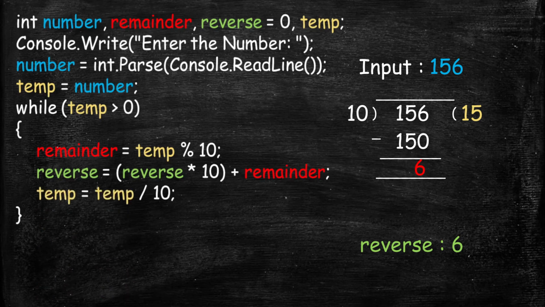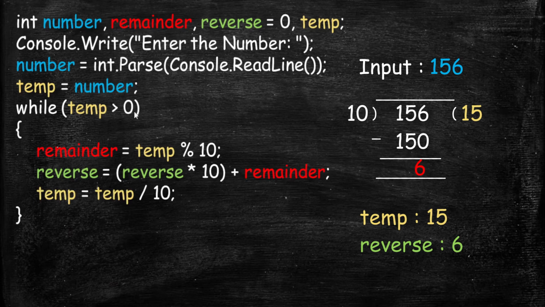Then we will divide the temp, which was 156, by 10, so we will get 15.6, and since it is an integer, it will not take the point, it will just store 15 in temp. But you can also see the quotient here is also 15.